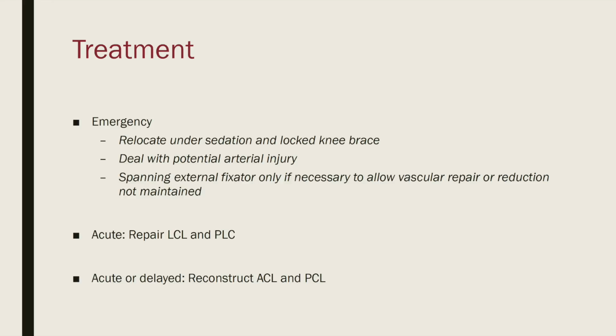And you don't have to take these to theatre if you just want to relocate it, but if vascular repair is required or reduction is not maintained, then a spanning external fixator can be used, but only in certain cases. And then acutely, you want to repair your lateral side, and then either acute or delayed, depending on the situation, you should reconstruct the other ligaments.